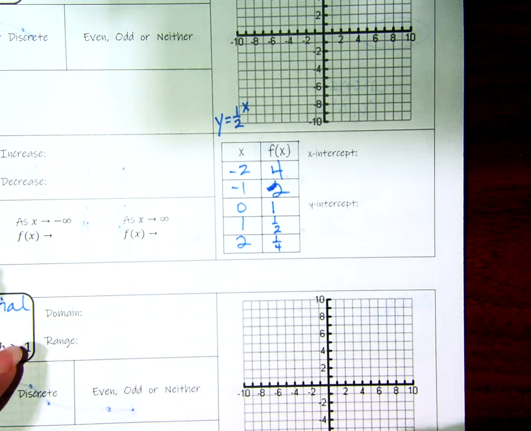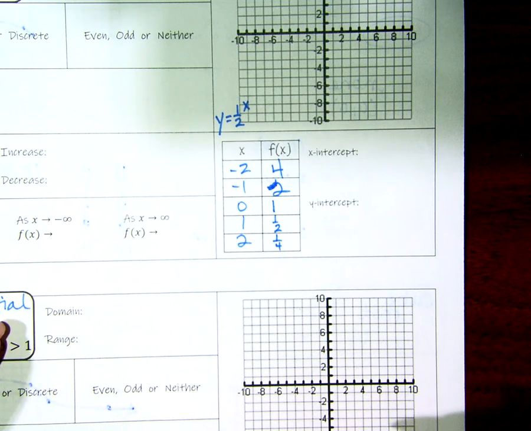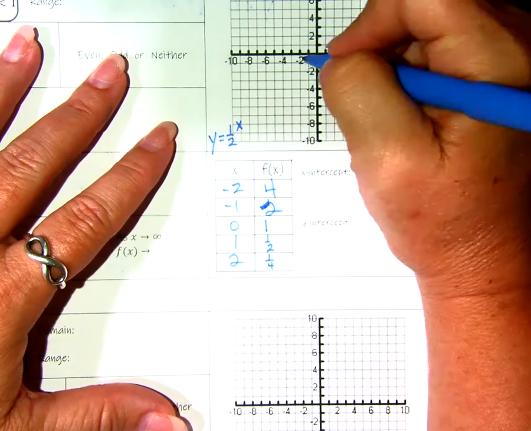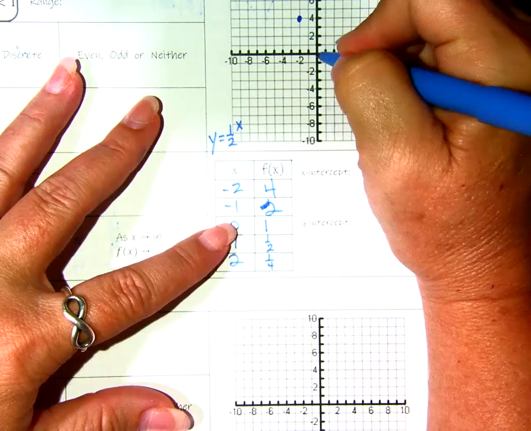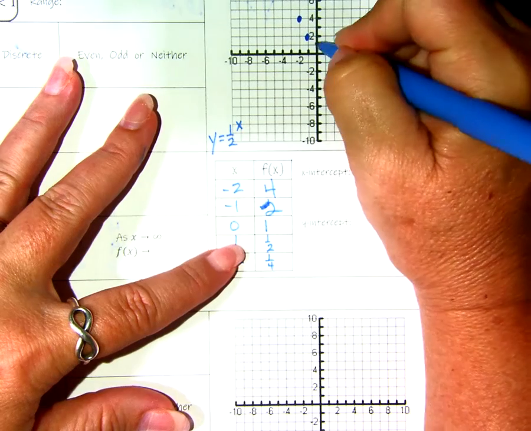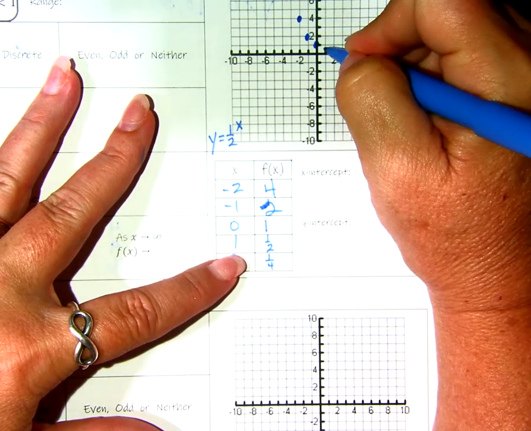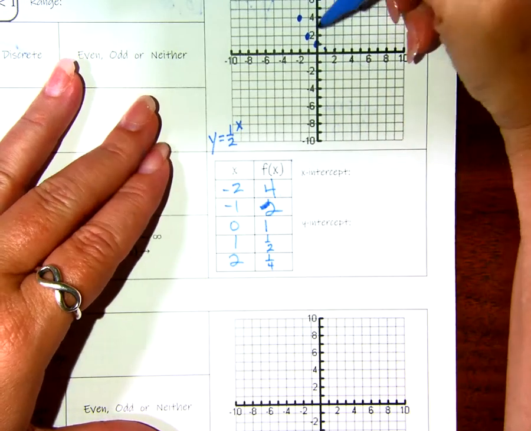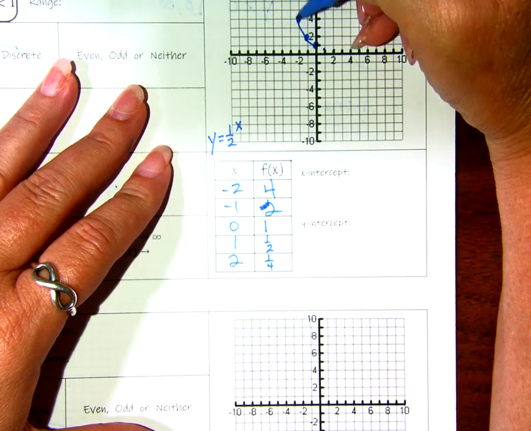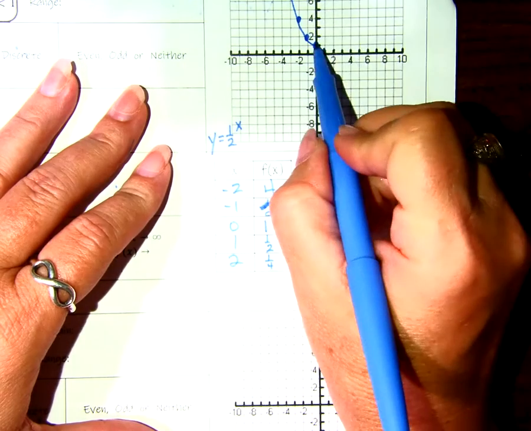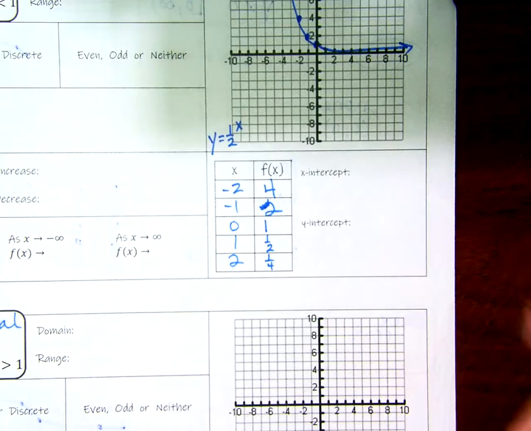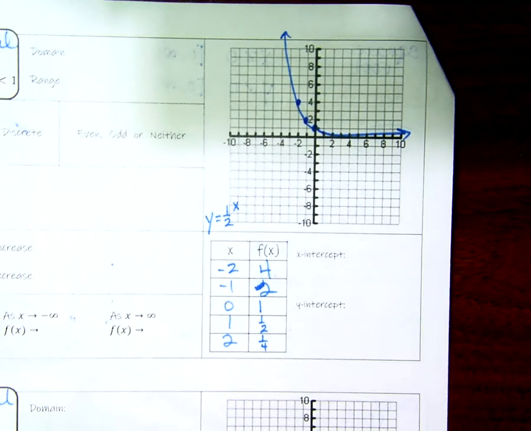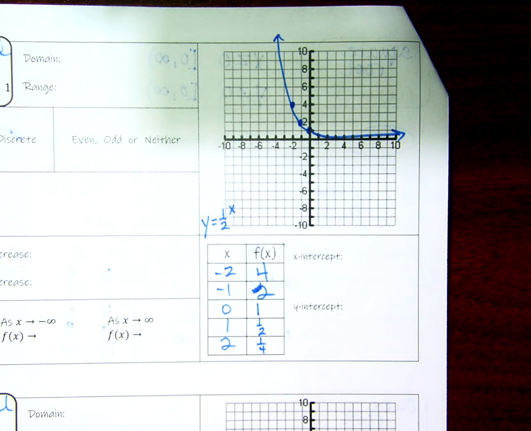It's your choice, but... Does yours look like mine? Yes, no, I don't know, maybe so. Okay.